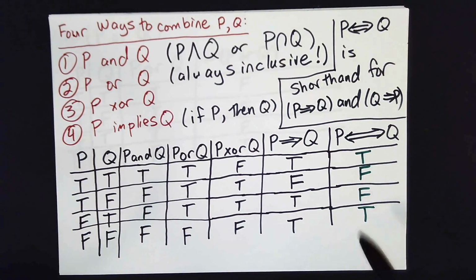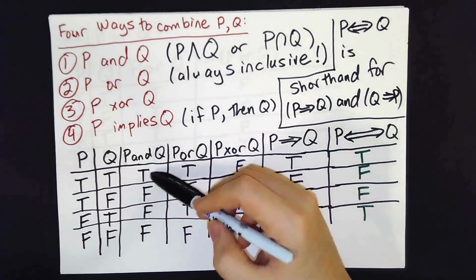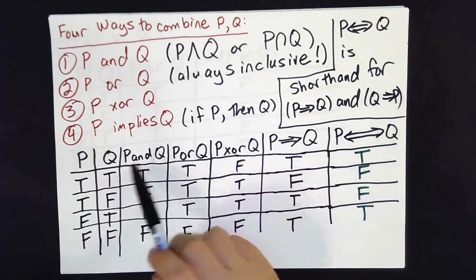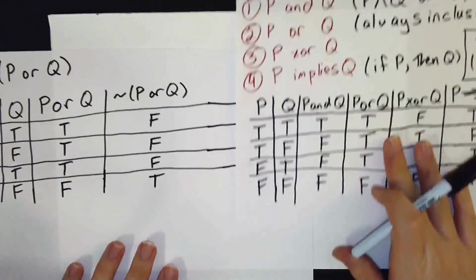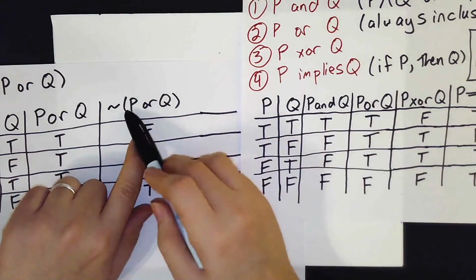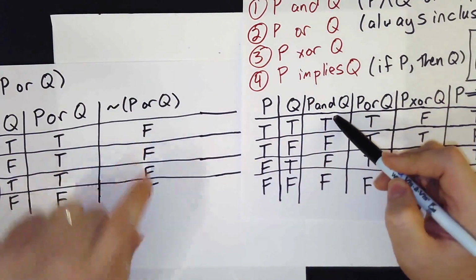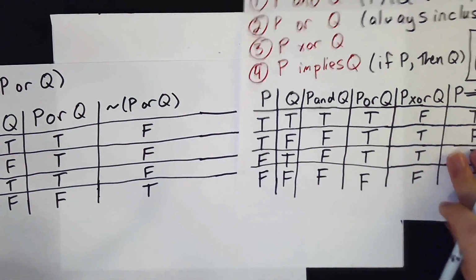Where was there only 1 true? Aha, there we go. There's only 1 true in P and Q. Now, notice P and Q is not the same as not P or Q, because the true is in the wrong place. But I can actually fix that.